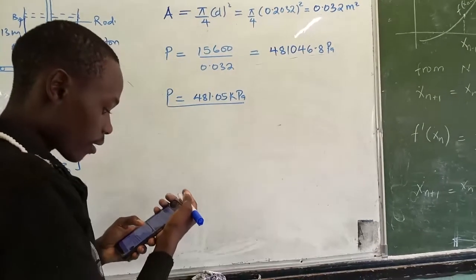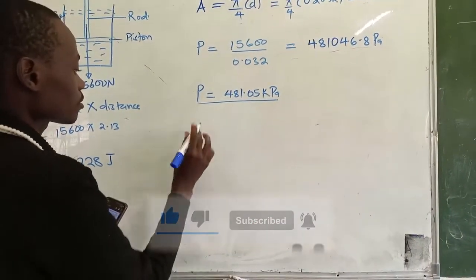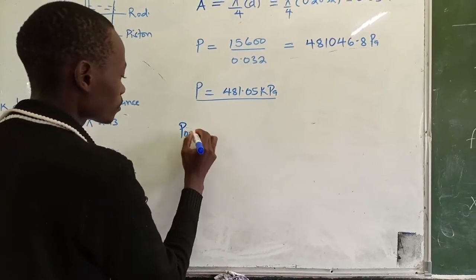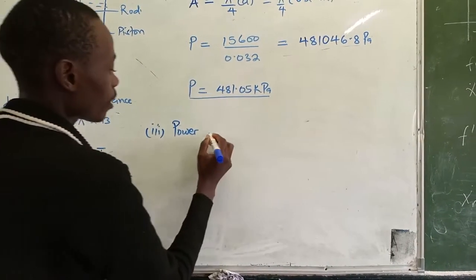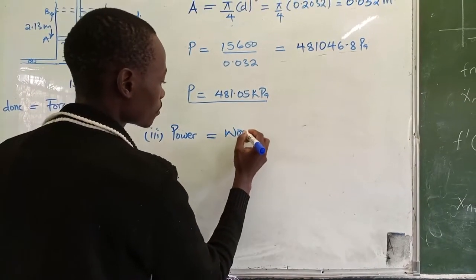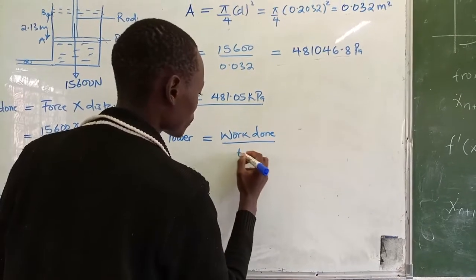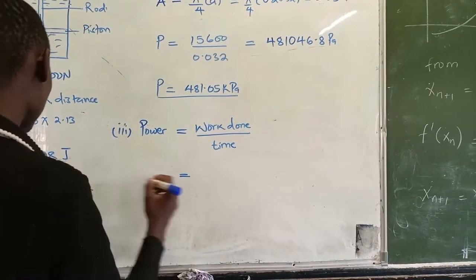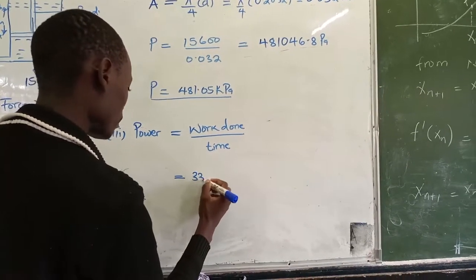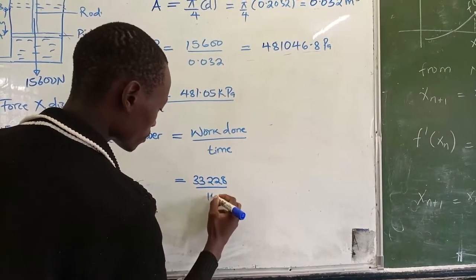Part 3 is the power if the lift raises the car in 10 seconds. Power is equal to work done out of time. The work done was 33,228 joules out of 10.